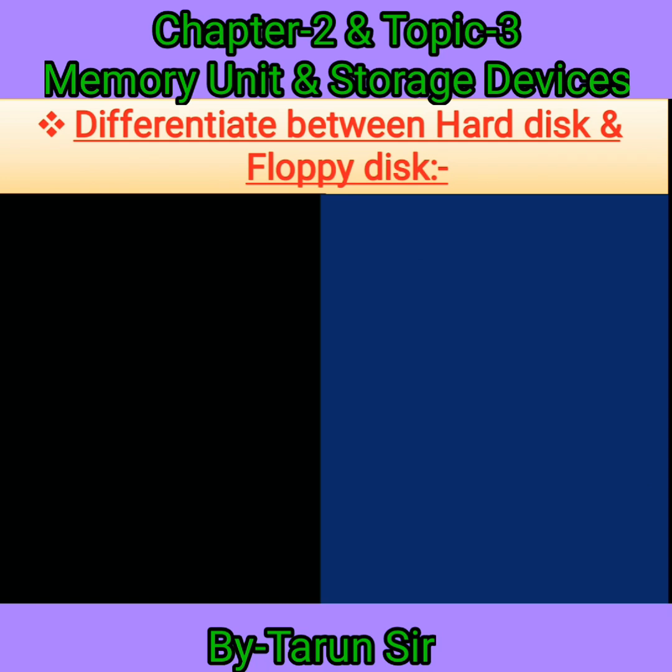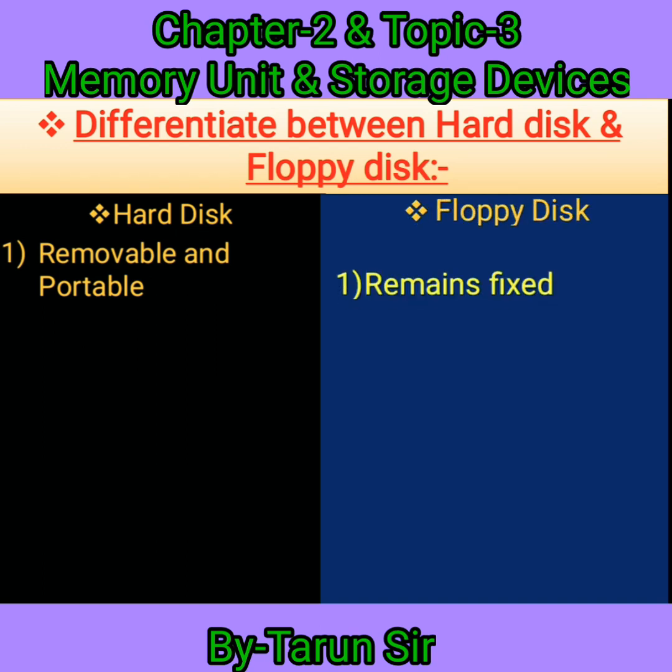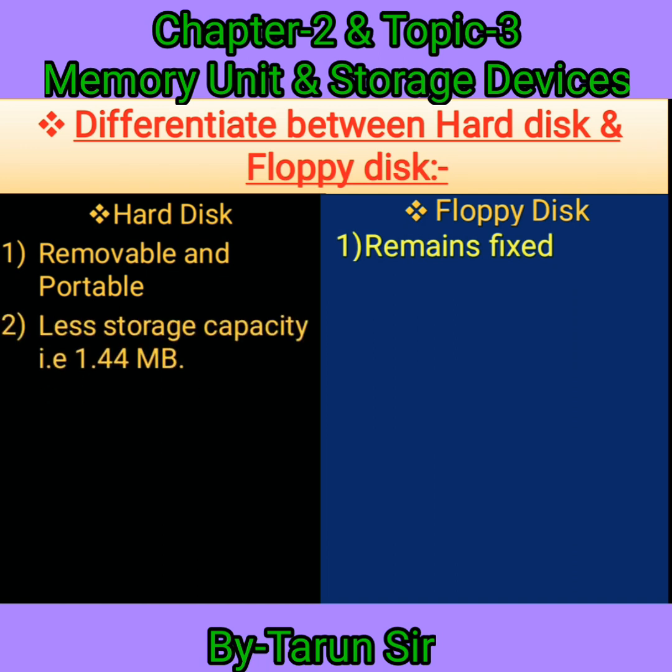The differences between hard disk and floppy disk are: in hard disk, first point, removable and portable. In floppy disk, first point, remains fixed. In second point, in hard disk, less storage capacity, that is 1.44 MB.